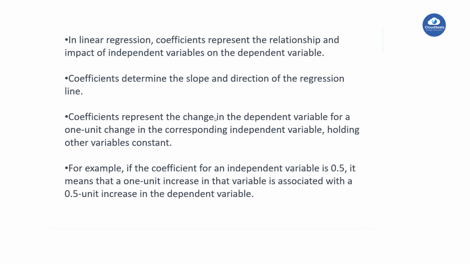The coefficient represents the change in the dependent variable for a 1 unit change in the corresponding independent variable. That's what I am saying from the start. If there is any change in the independent variable, automatically that change will impact the dependent variable. How? By the coefficient's value.